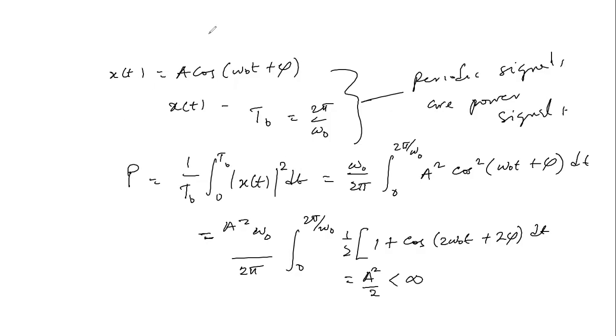Let's look at another example. Say S of t is the same as the ramp function t u of t.